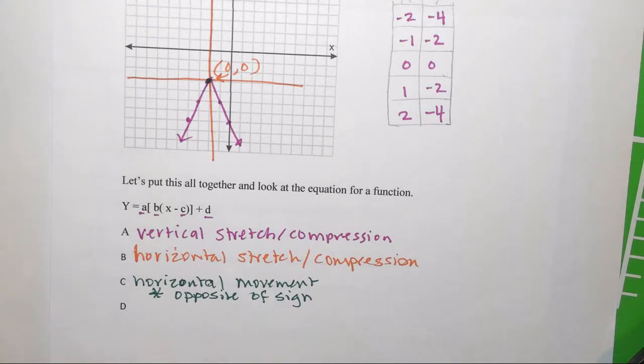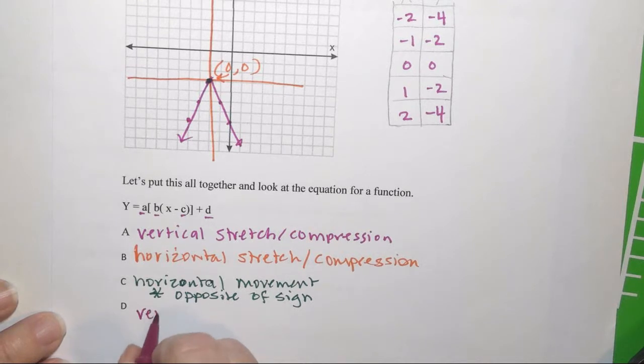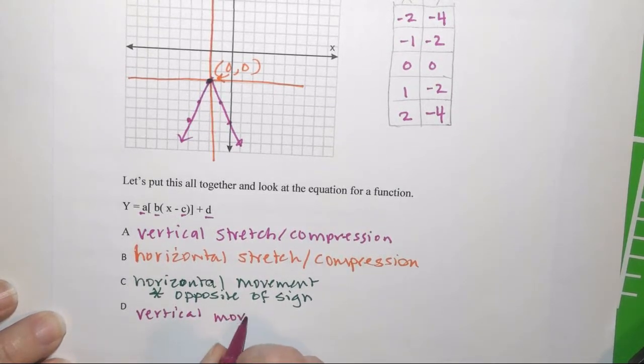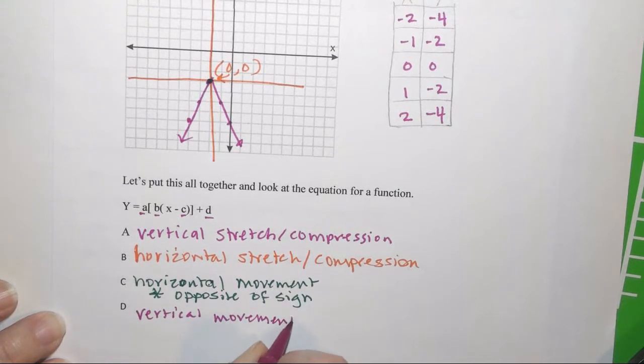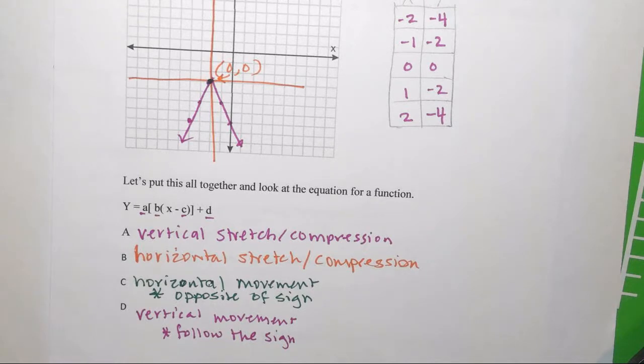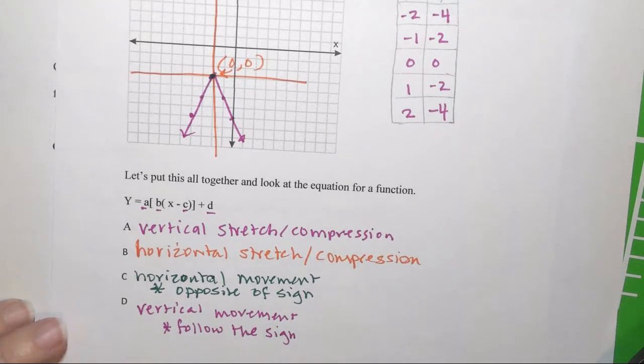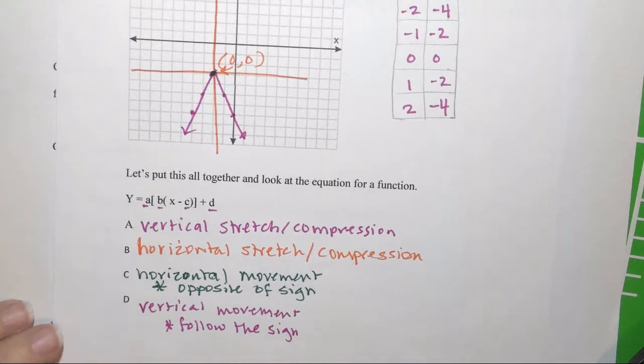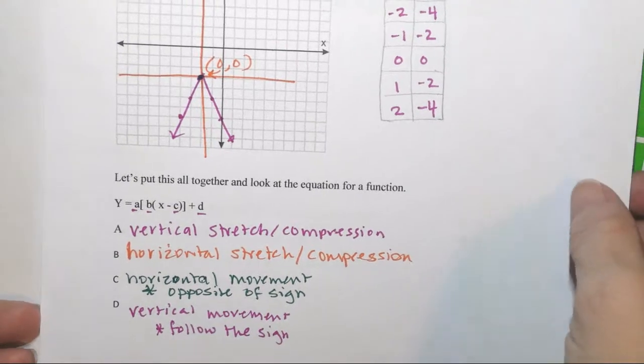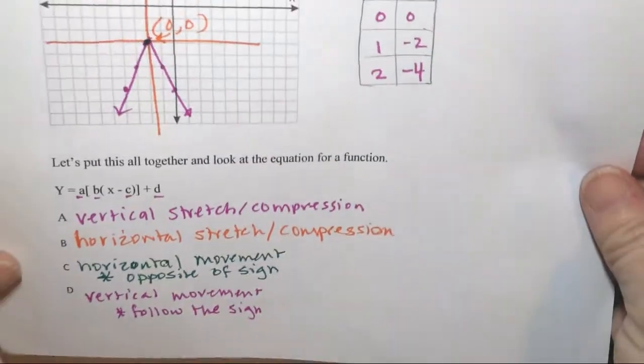And then finally, your D value is going to be your vertical movement. And this one is going to follow the sign. Okay. So that kind of wraps all of those things together that we've been looking at for your functions.